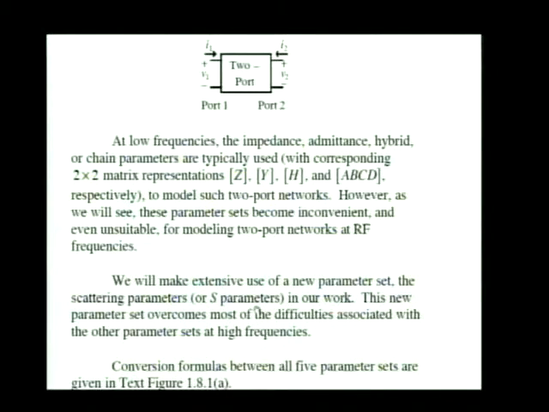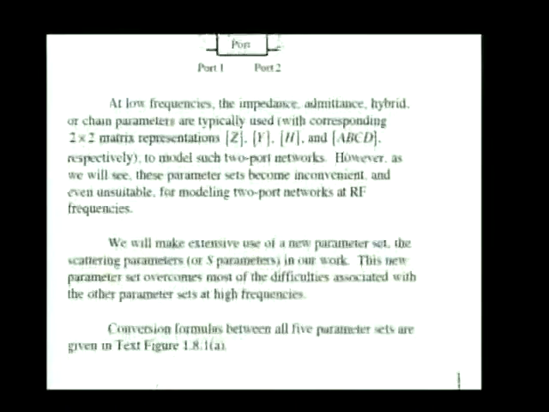A new parameter set called the S parameters, the scattering parameters, is more suitable for work at high frequencies. Just like the low frequency parameter sets, there are 4 scattering parameters, and you usually form an S parameter matrix, a 2 by 2 matrix that contains those 4 scattering parameters.